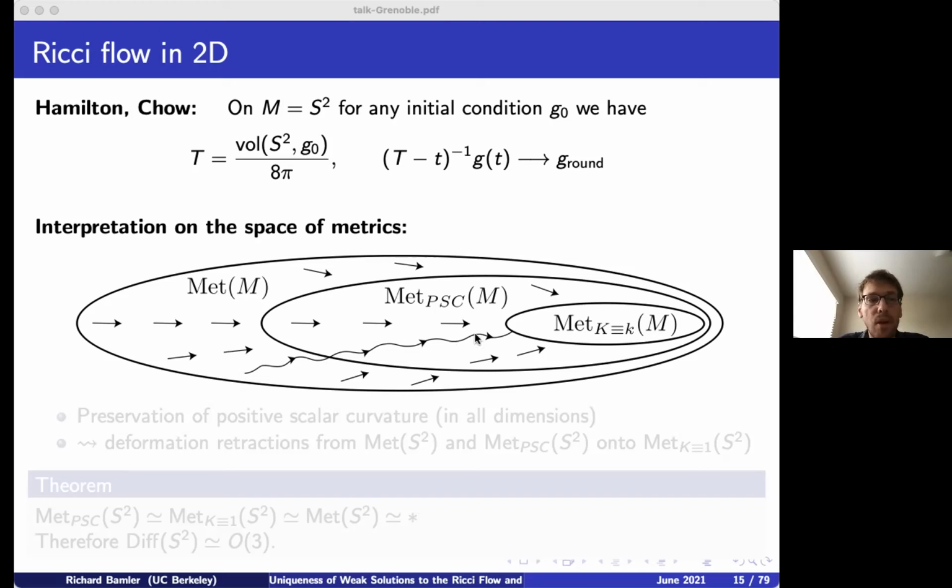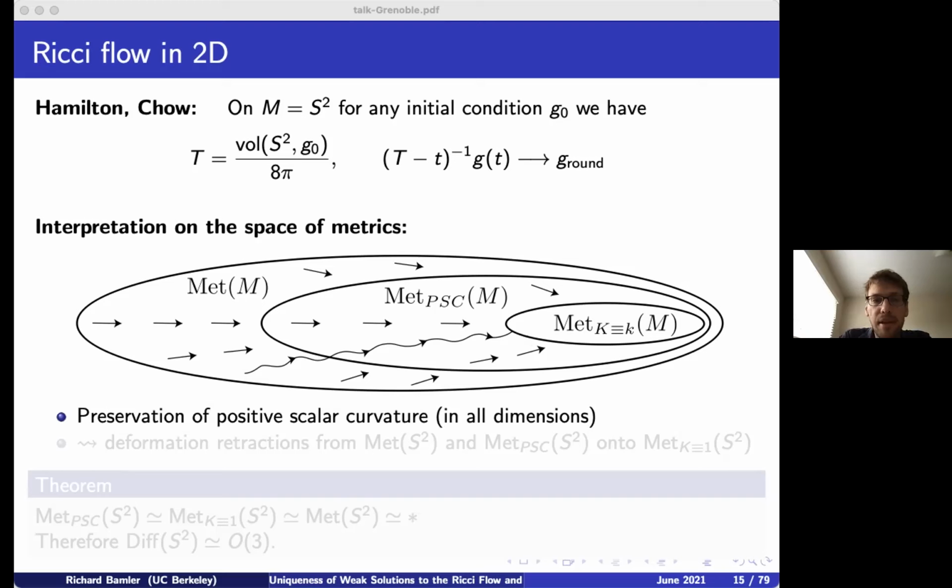Okay? And so what Hamilton and Chow's result basically states is that any of these trajectories will limit to the space of constant curvature metrics eventually. So this is another way of stating the Hamilton-Chow result. There's some kind of deformation retraction onto the space of constant curvature metrics.